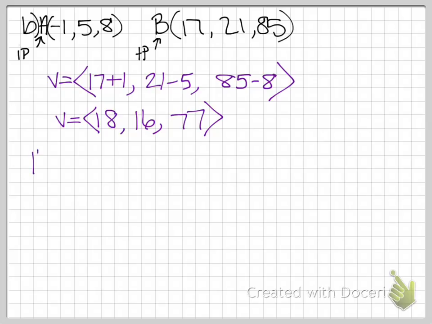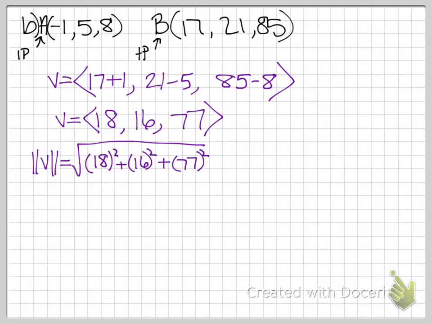And then if we want to find the magnitude of V, we're just going to take each part of these, 18, square it, plus 16, square it, plus 77, square it, and take the square root of that whole total.